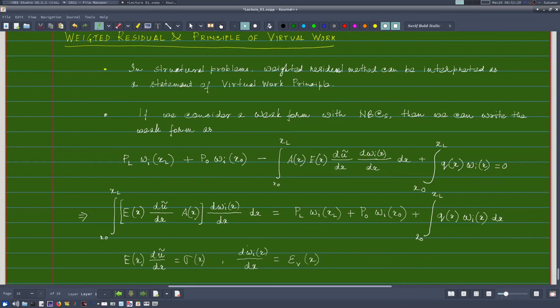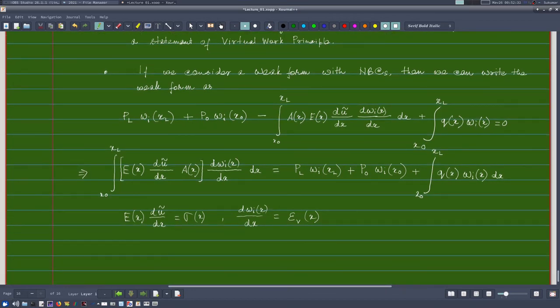Okay, in that case this integral means what? This left hand side is my integration over the domain of stress, true stress, into virtual strain, into A of x dx, and this A of x dx is dV, so this is the volume integral of the product of stress and virtual strain.